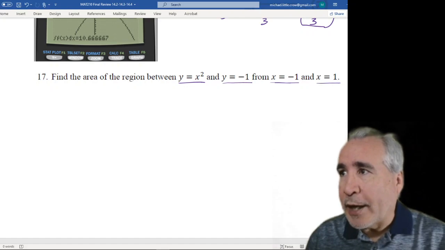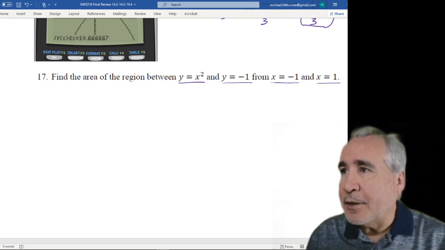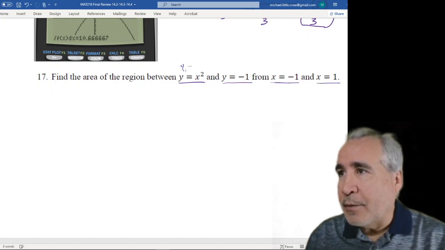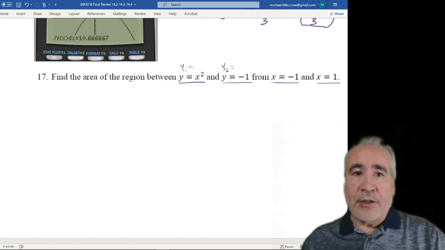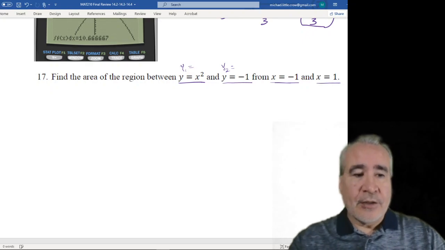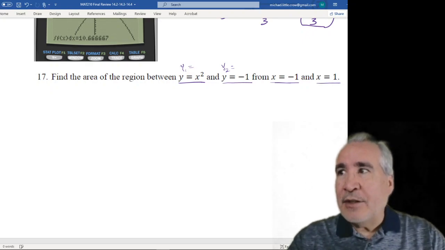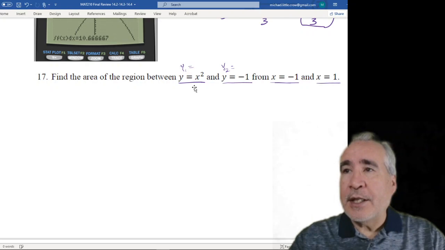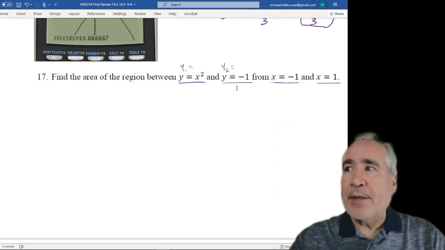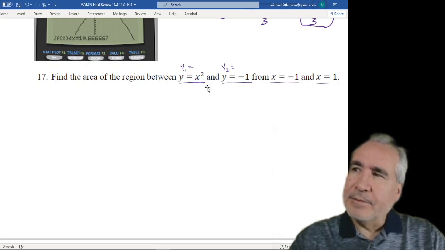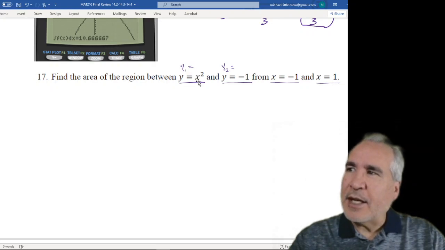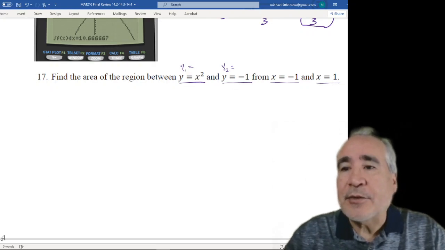So again, we'll graph both of these. So we'll call this one y1, this one y2. Find the intersection point still, or see if we need to. We might not need those intersection points, but we definitely need to know which one's on top. I think this one's going to be on top, but let's just graph it to find out.